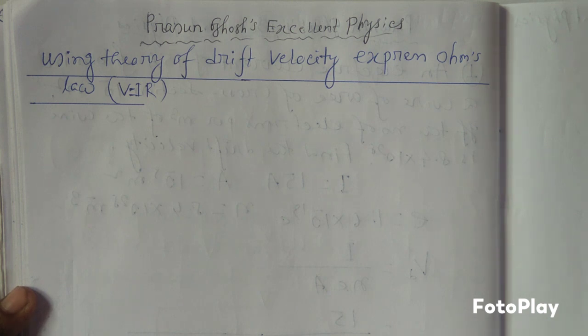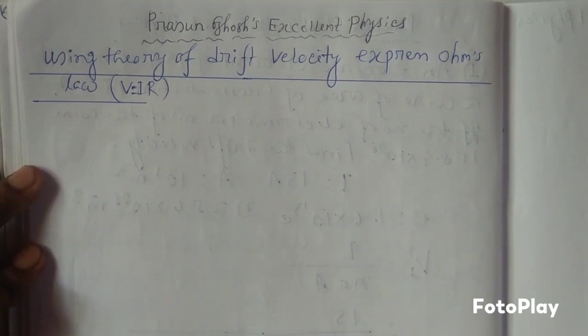So electrons are moving with an average velocity from one side to another. This velocity is known as the drift velocity. From this concept we have to derive V equal to IR, that is Ohm's law.